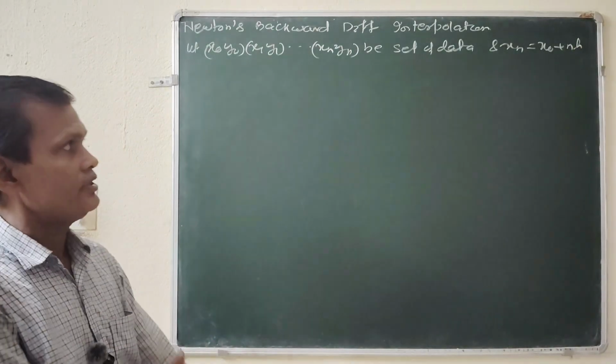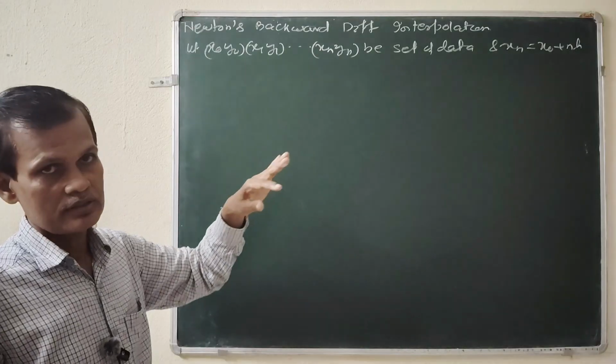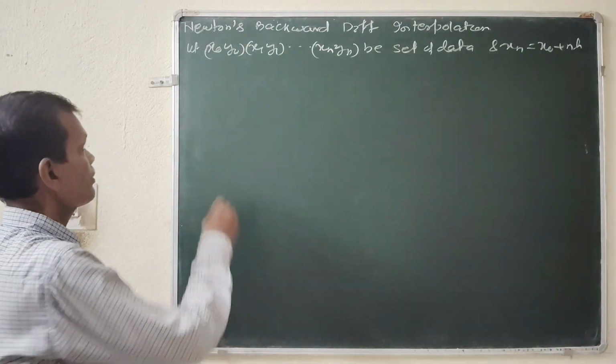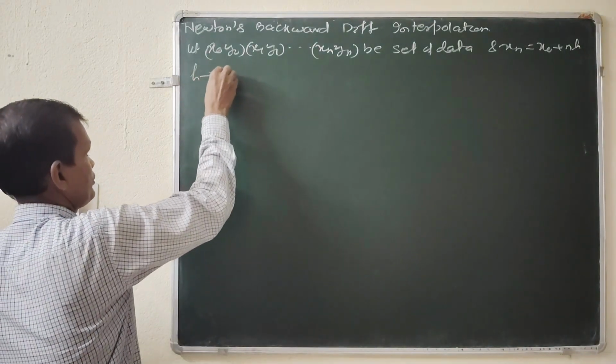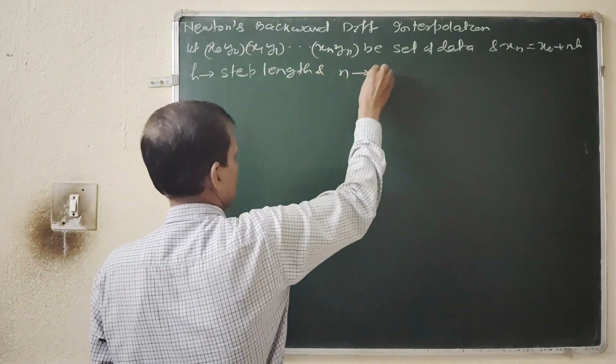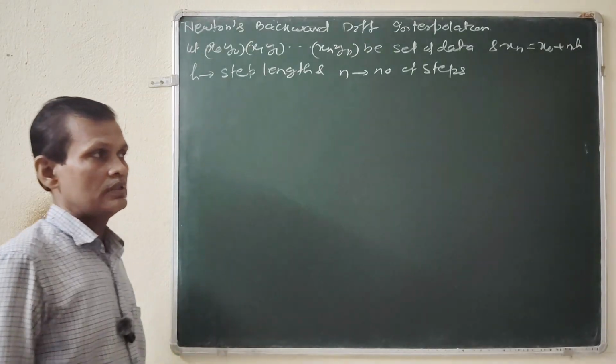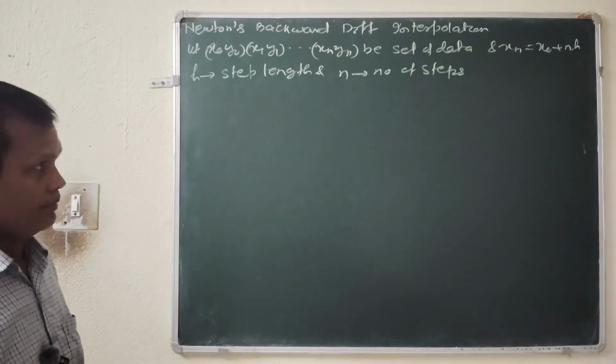That means it is equispaced, because the nth data xn we find by x0 plus nh, where h is the step length and n is the number of steps. Okay, so this is the data we are given.